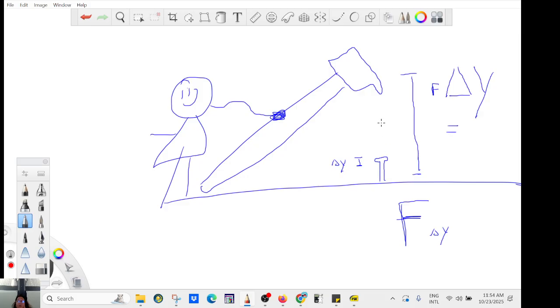How do I know the force? It will be the normal force. For every action, you have an equal and opposite reaction. You push very hard, it pushes back very hard. So if you can figure out the normal force, you will know this huge force.